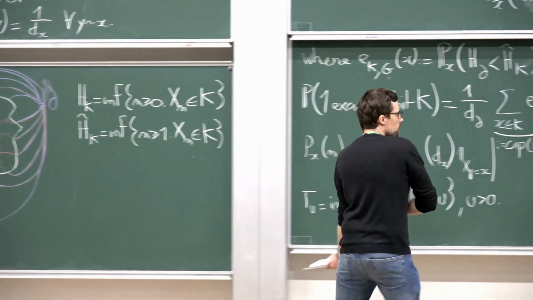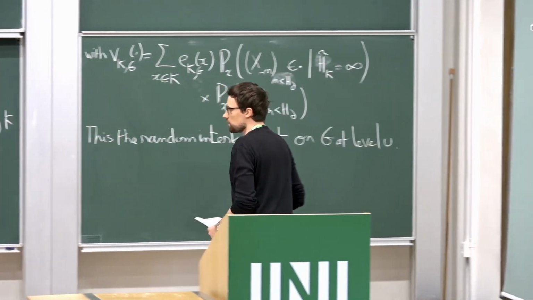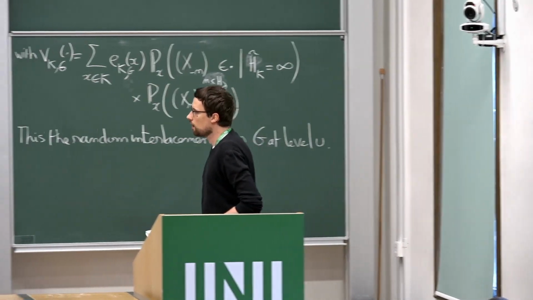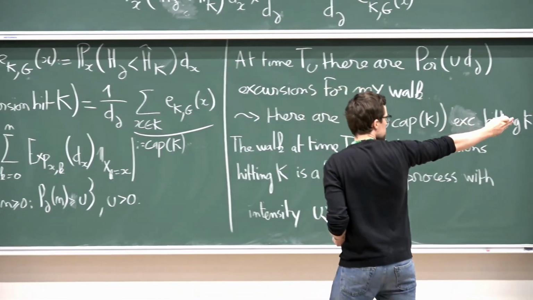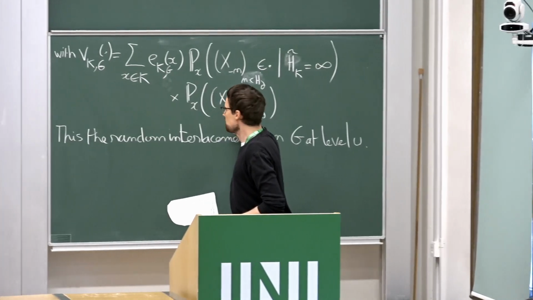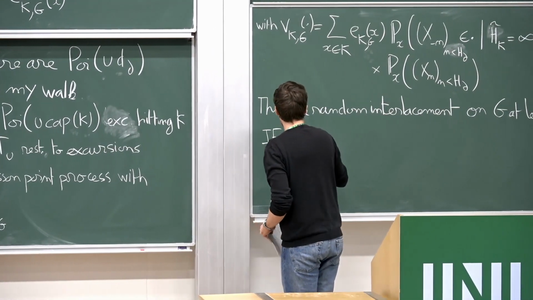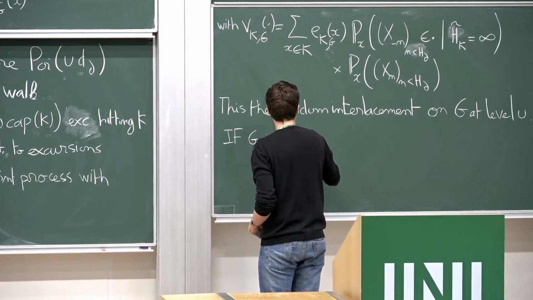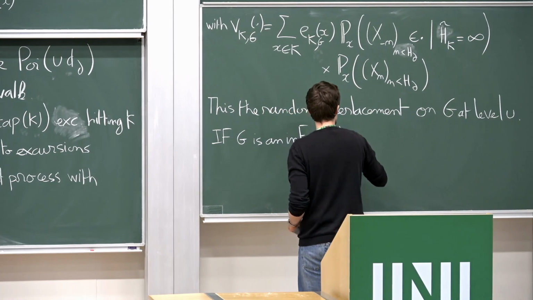Okay. Well, what do you do now if you want to know what happens on an infinite graph? You do the same. You take a Poisson point process with this intensity. This intensity is not well defined because you don't have a boundary point anymore. But let's say that G is an infinite and even transient graph.